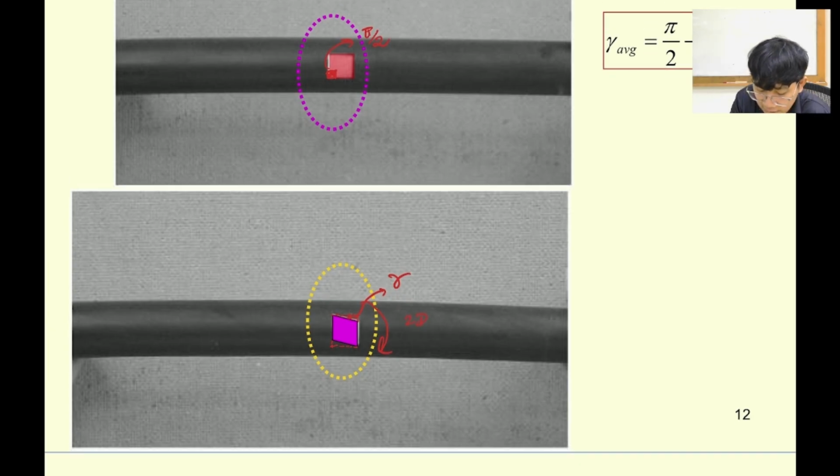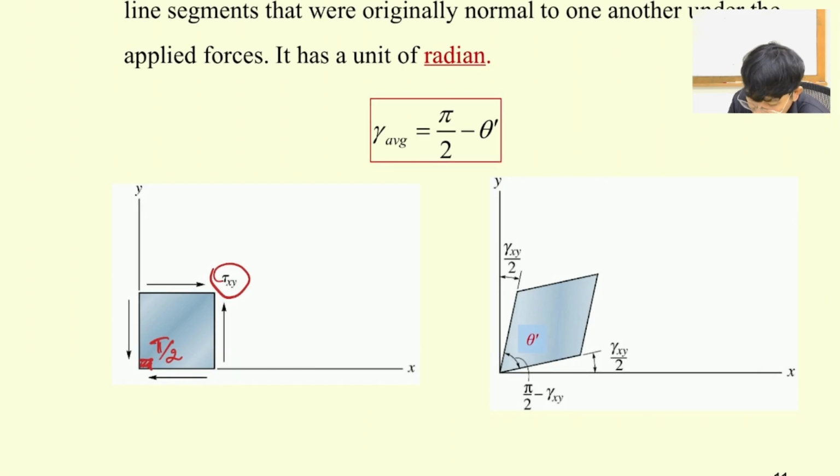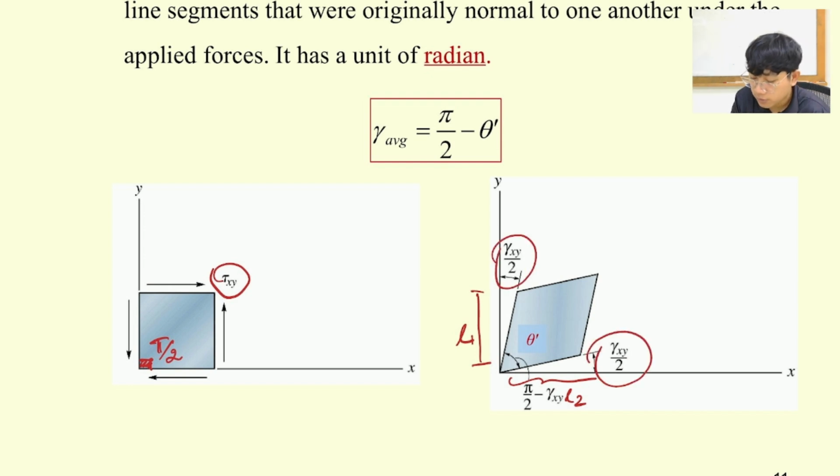So we give it as the gamma average, just one. But for our figure on top, it moves in two directions. Sometimes it depends on the specimen length. So this one is L1 and this one is L2. When it changes, it changes at the same time, and we just assume that this one is going to rotate.